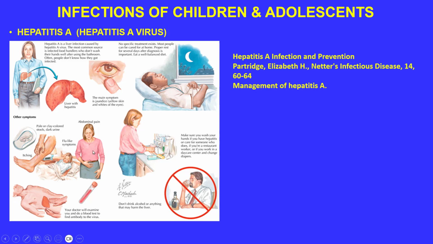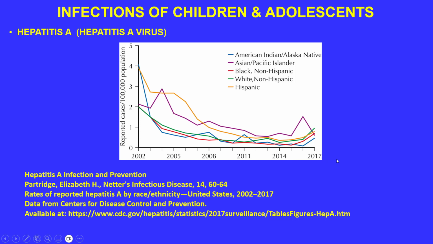The person will have abdominal pain and flu-like symptoms, and you have to have the doctor do a blood test for an antibody to the virus. And once that's confirmed, the individual has to keep themselves away from being in contact with food, other materials, etc., to prevent spreading of this disease.